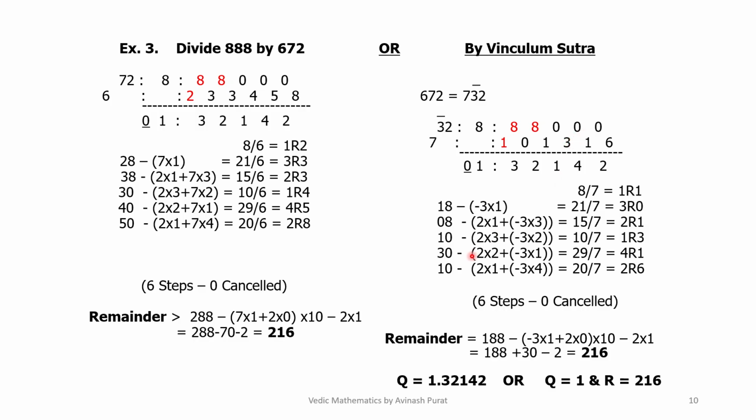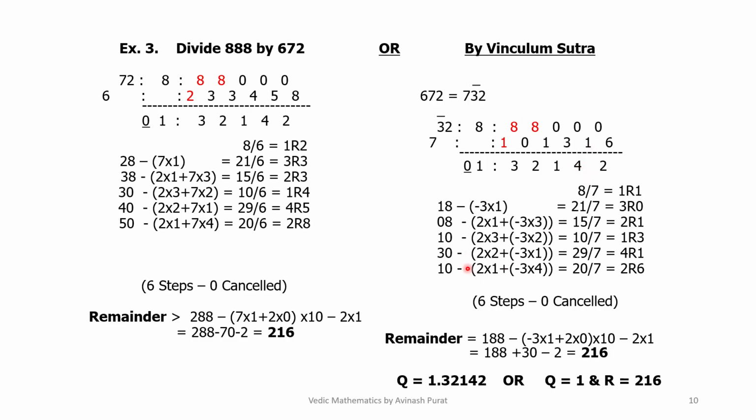Now 30 minus 2 into 2 plus minus 3 into 1, that is 1. 30 minus 1 is 29, by 7, that is 4 quotient and 1 remainder.